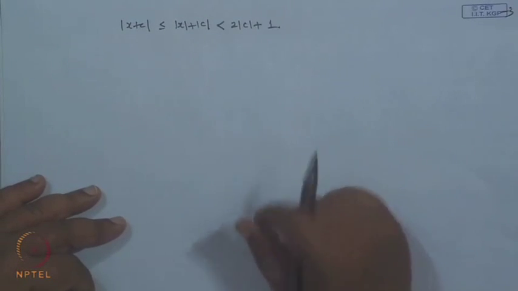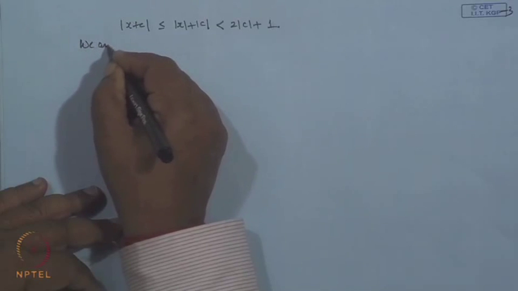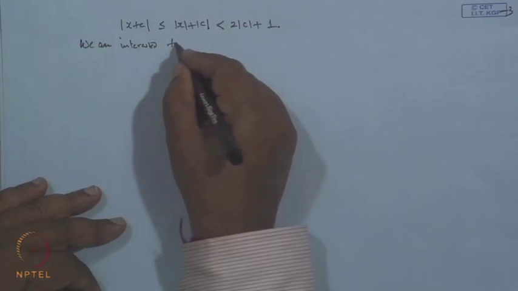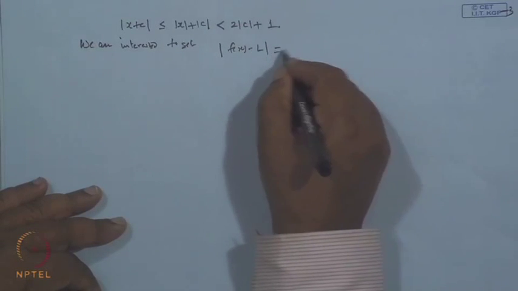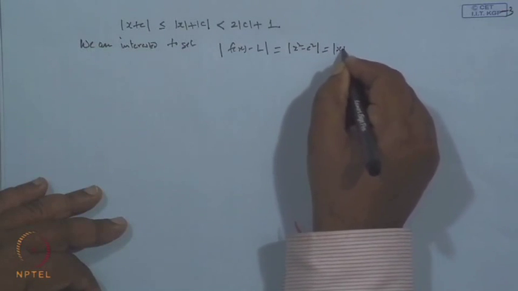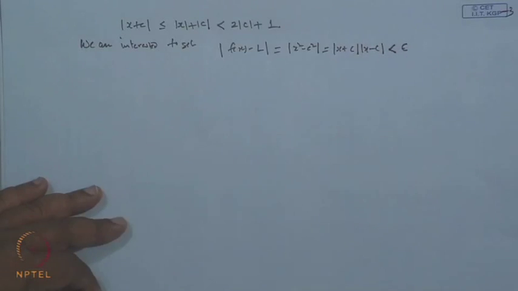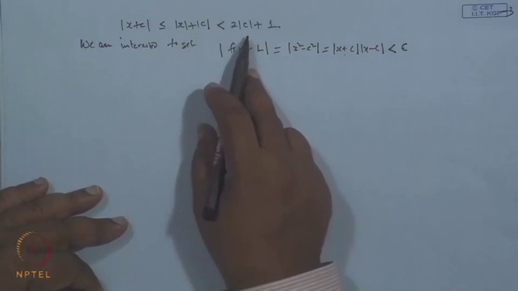Now, what we are interested in is to get this f(x) minus L, which is the same as x squared minus c squared, which is the same as (x plus c)(x minus c), to be less than epsilon. We are interested in this. Now, the x plus c bound is already less than 2 times mod c plus 1.